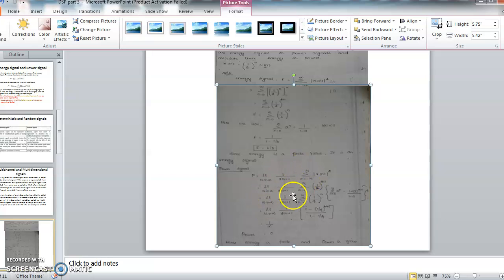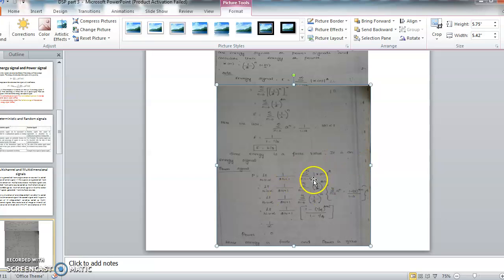Checking for power: power is the limit as n tends to infinity of 1 by (2n plus 1) times the sum from n equal to minus n to n of x of n the whole squared. Similarly, substituting for x of n, here also x of n into u of n will come.